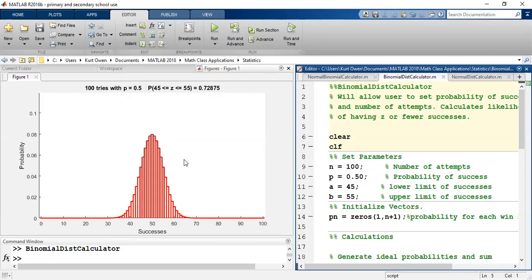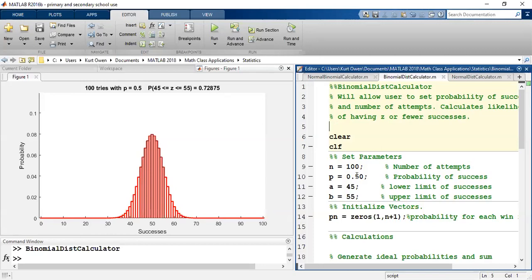Each one is 1 unit wide. So if we add up the frequency for which something happens, the area of these bars is roughly 73% of the area under the entire histogram. So the area that's shaded in is 73% of the entire area of the histogram, right?